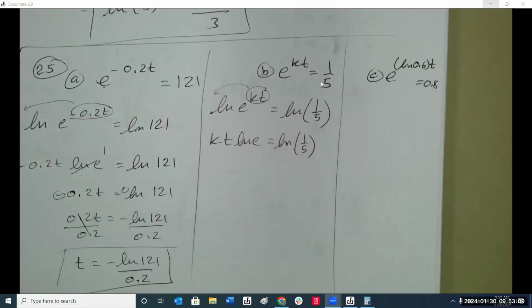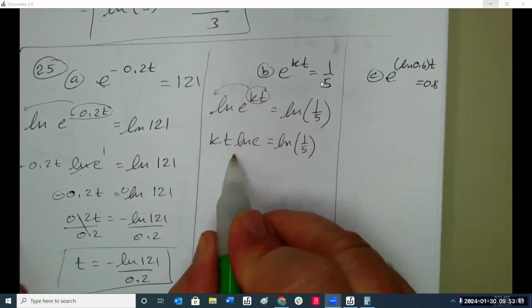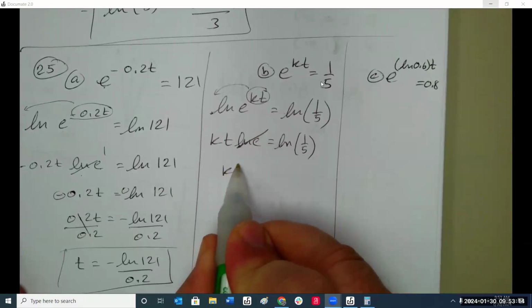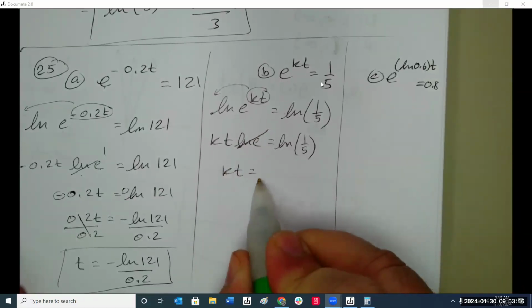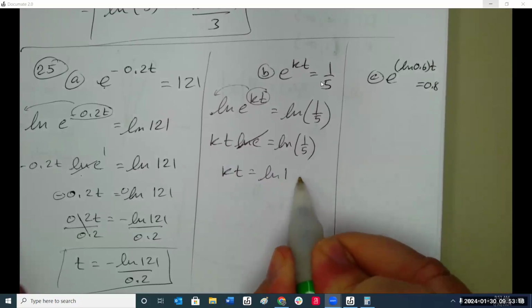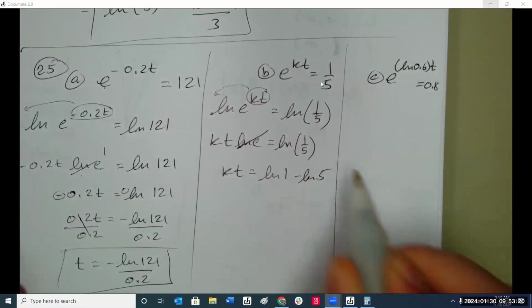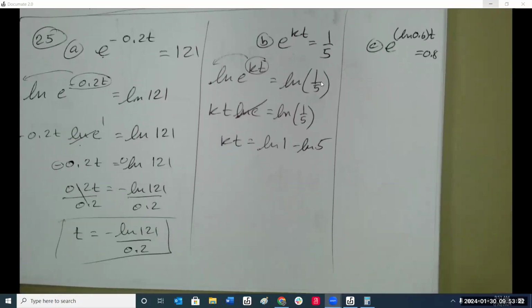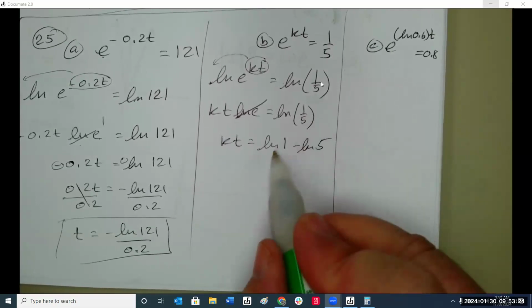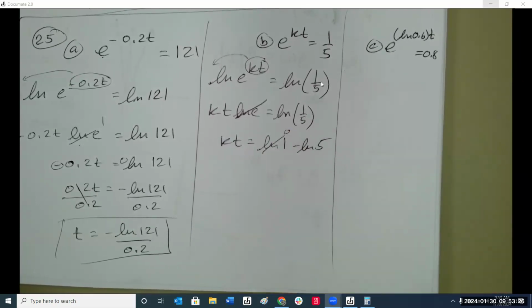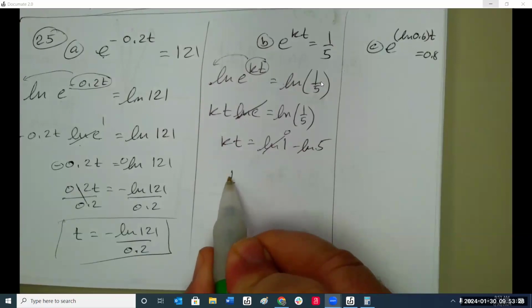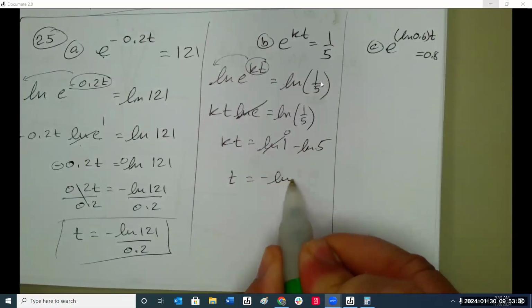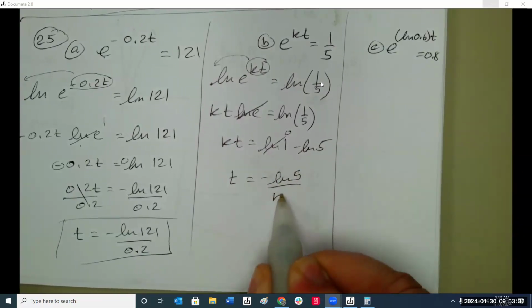So that cancels. We have kt equals ln 1 minus ln 5. This is a fraction. ln 1 is 0. So t is equal to negative ln 5 over k.